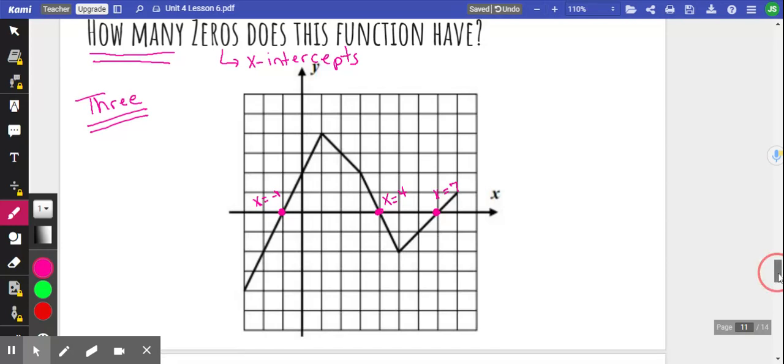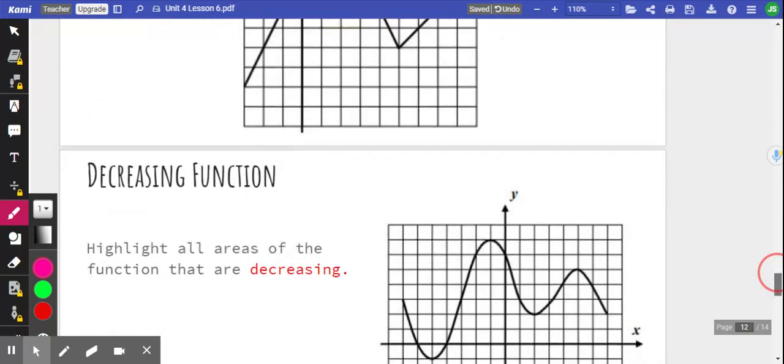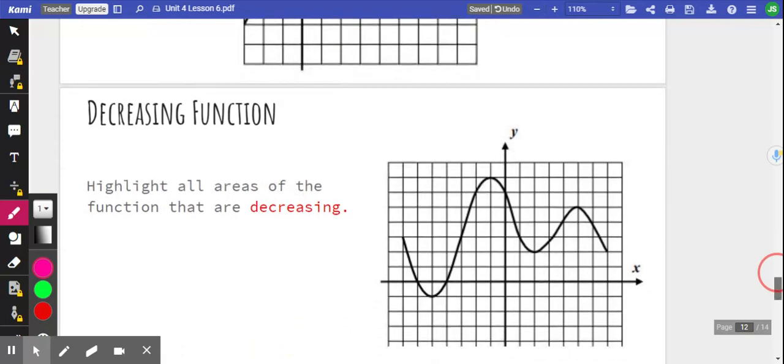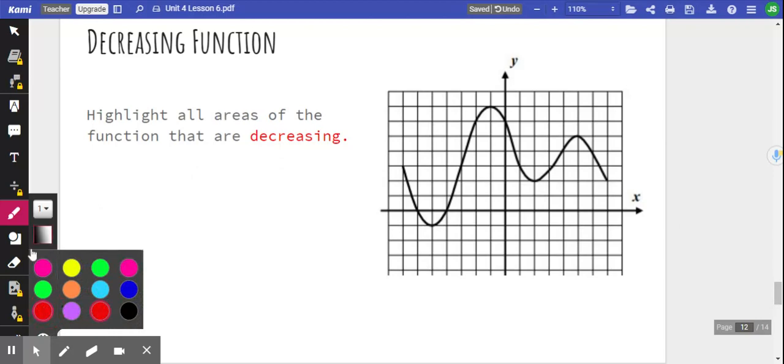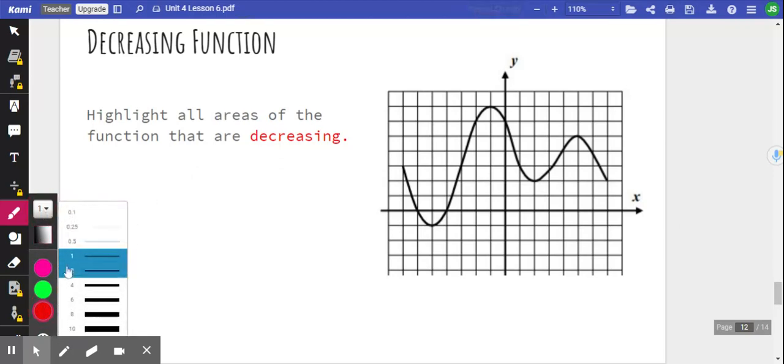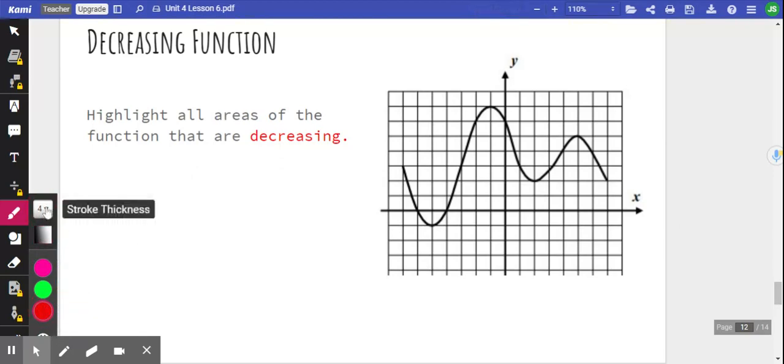Now, the next 2 we've definitely talked about before, and you guys have described it previously in problems, and it's dealing with increasing and decreasing functions. So the first we're going to look at is where we're decreasing, and it's saying to highlight. So I'm just going to make this a little bit thicker, maybe.